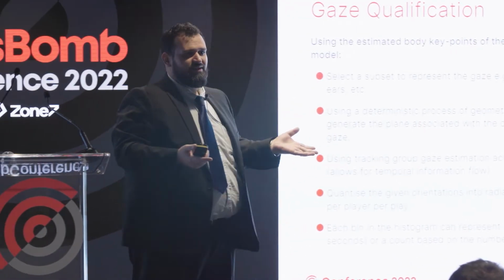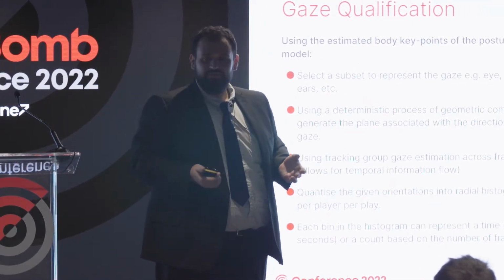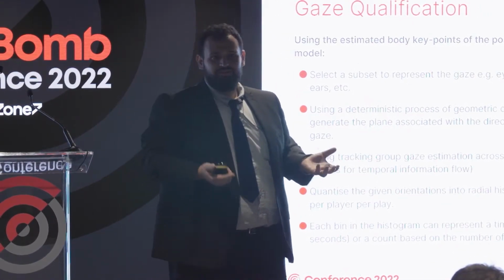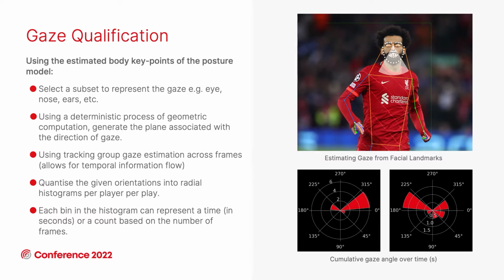So once we've done that, I know it's a long process, we now have the ability to start computing gaze, or the direction of where people are looking. And it's actually a simple process. Up to this point, it's a lot easier to compute deterministically because you've got all the components you need. The first step is identifying certain landmarks, like eyes, ears, shoulders, that we can use to compute a plane and then find the normal against that plane in order to estimate where the player is looking.